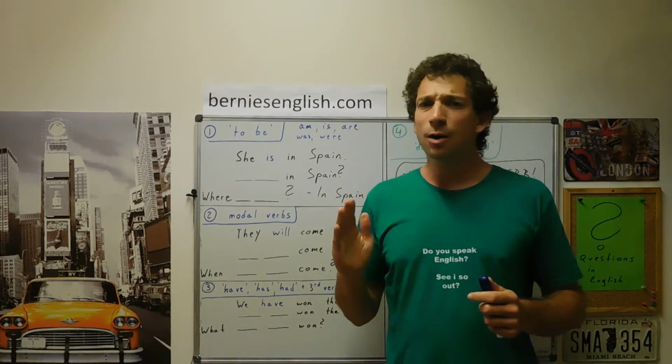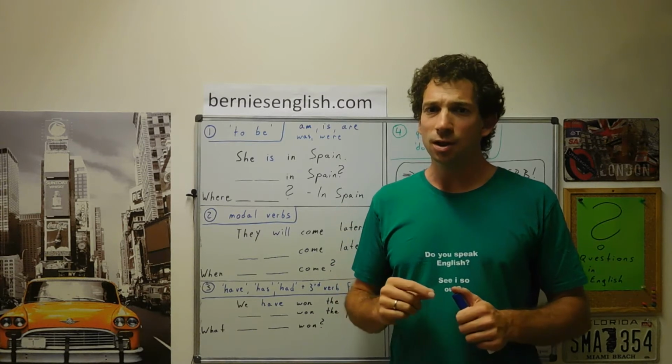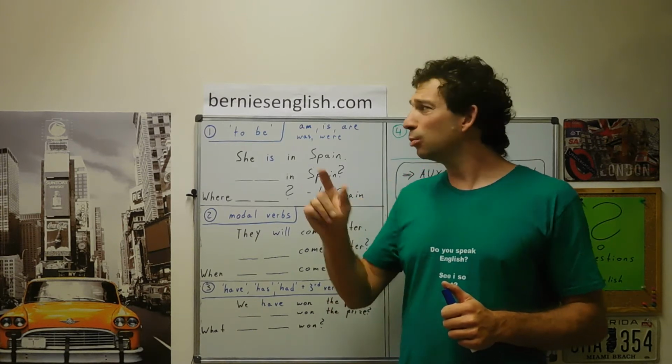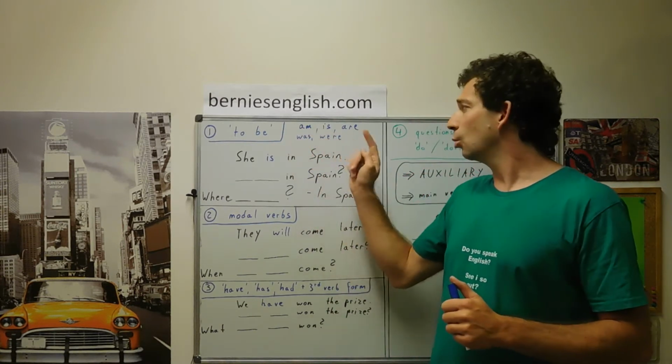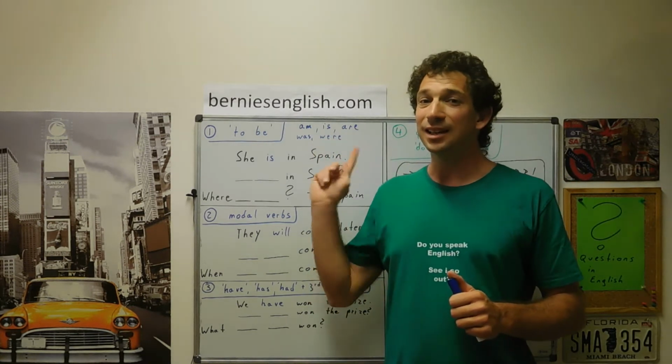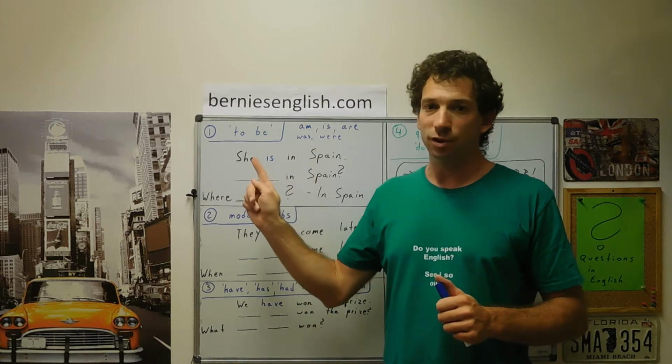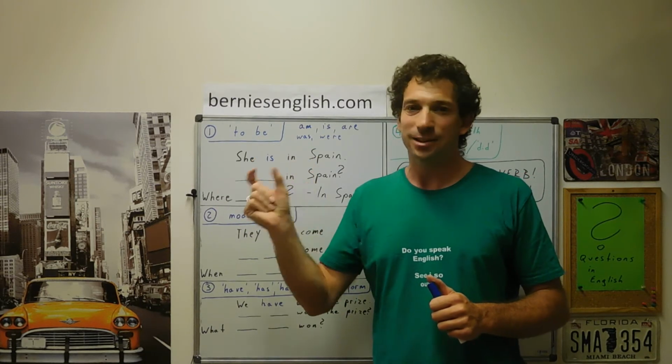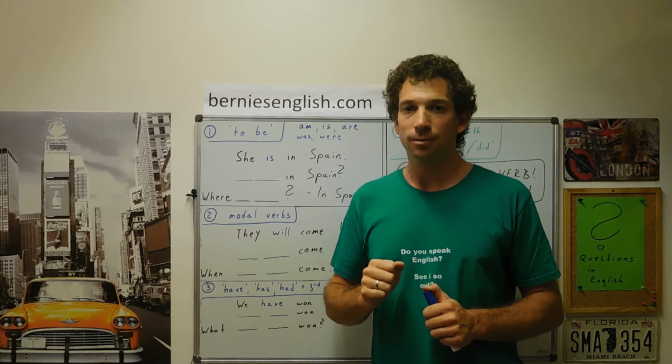So if we want to form a question that includes one of those words, am, is, are, was, or were, we need to use this word in the beginning of the question to form the question.